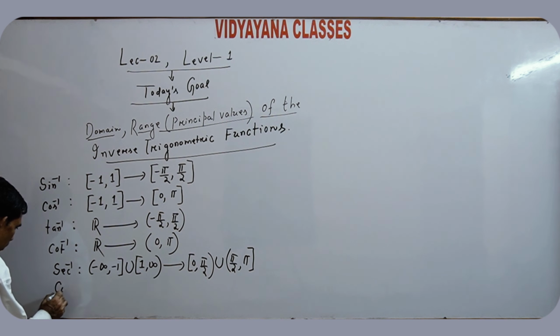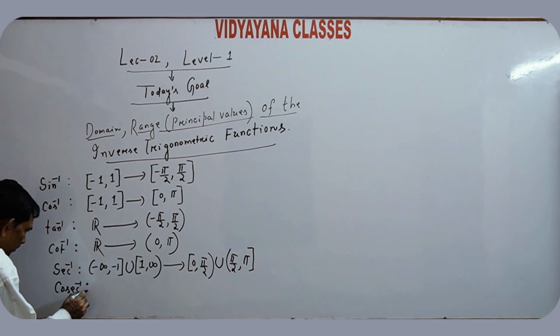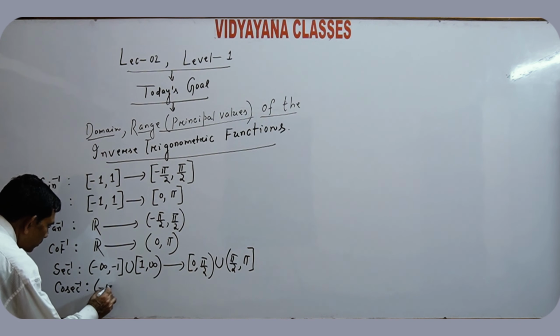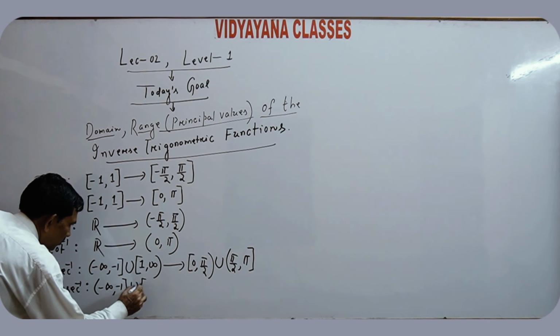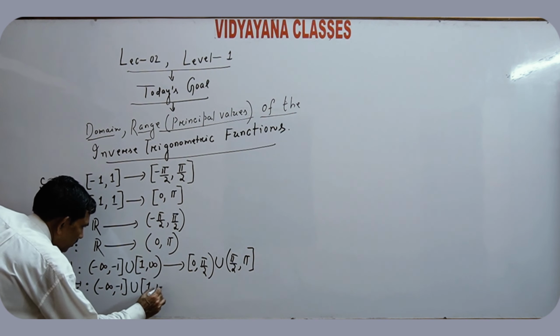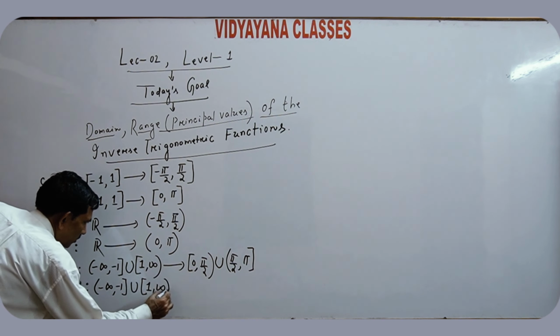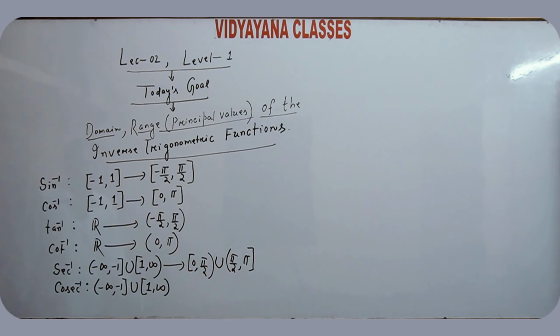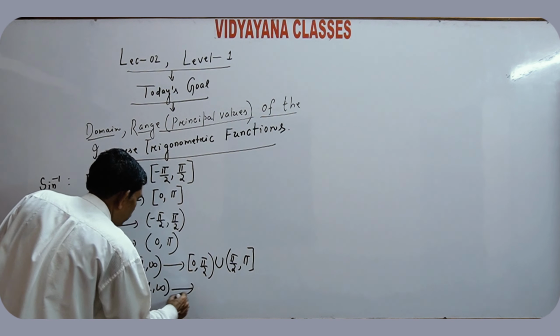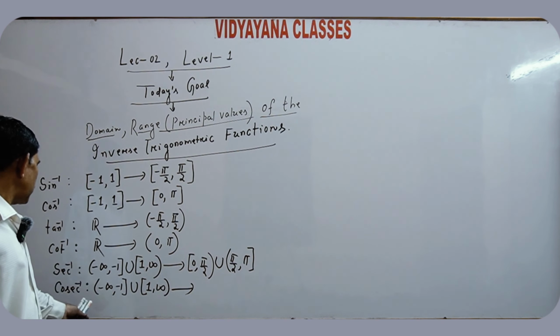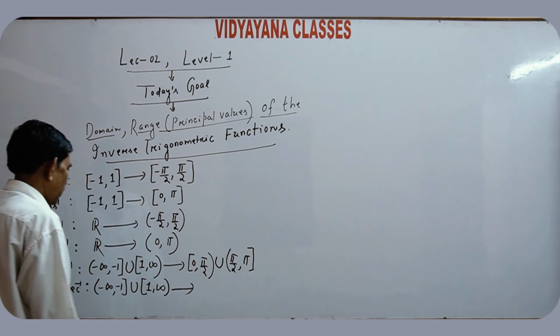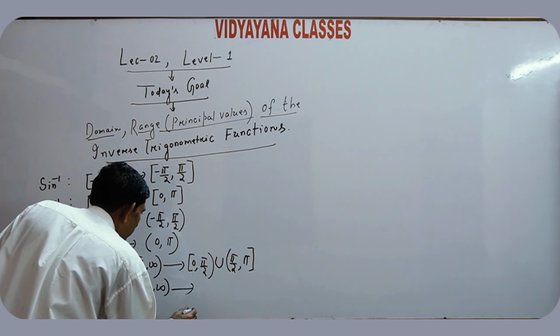And cosec inverse, so that minus infinity to minus 1, close bracket, union, close bracket, 1 to infinity, open bracket, to close bracket minus pi by 2, 0, open bracket, union, open bracket 0 to pi by 2, close bracket. Sin pi by 2 is equal to 1 and sin minus pi by 2 is equal to minus 1.